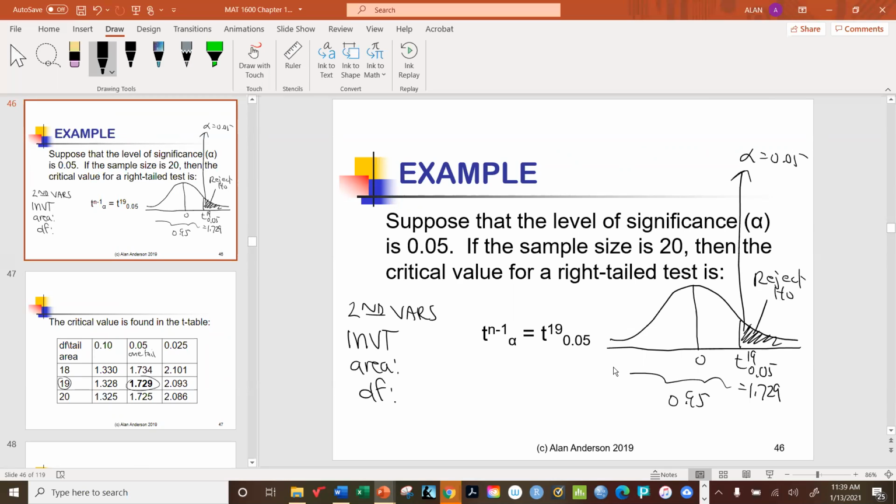Now, when it says area, what it actually means is everything below that point that you're looking for. So here, that would be 0.95. So this is geared towards less than or equal to, just like the standard normal. And we have 19 degrees of freedom because the sample size is 20. All right, so let's throw those in and let's see what it comes up with.